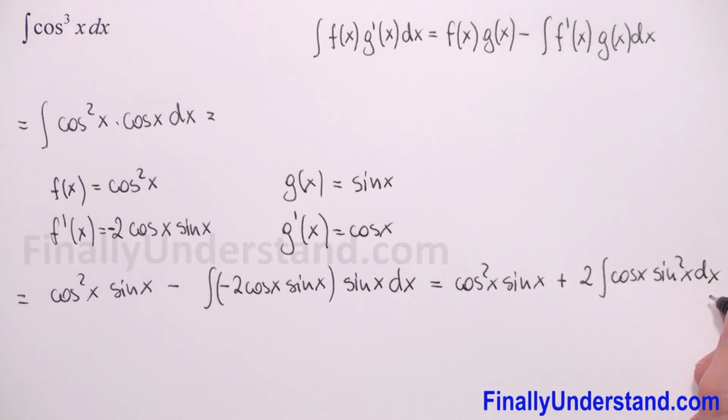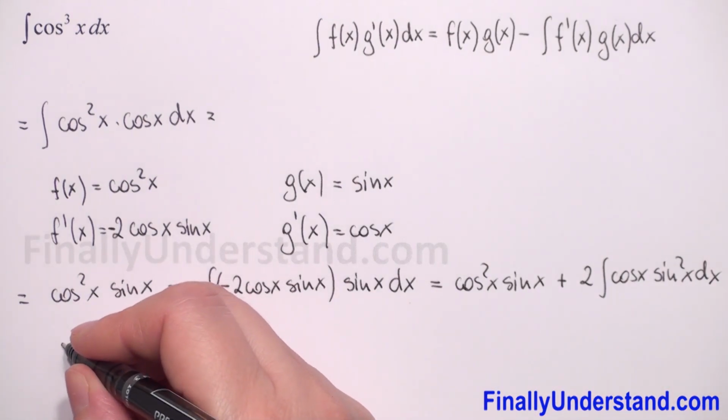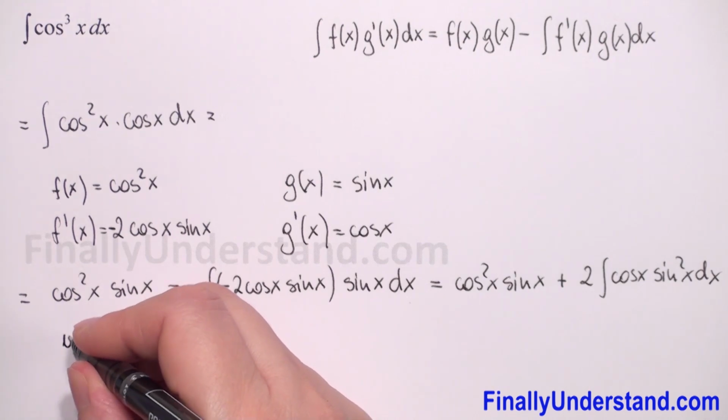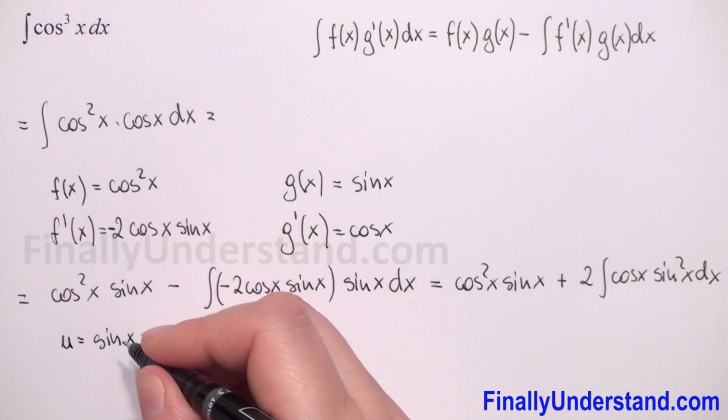So now I will use the substitution method, and I will put that sine of x is equal u. Let me write this. We have u is equal sine of x.